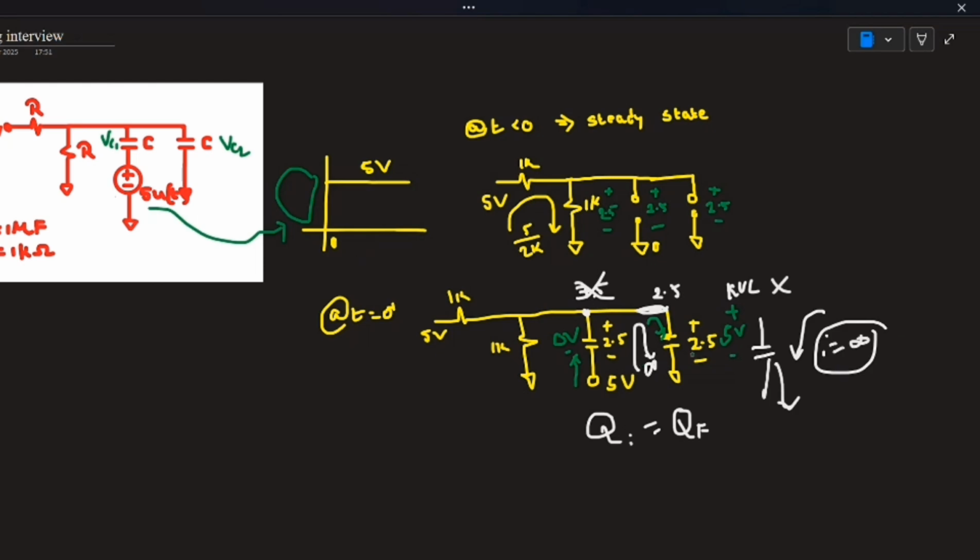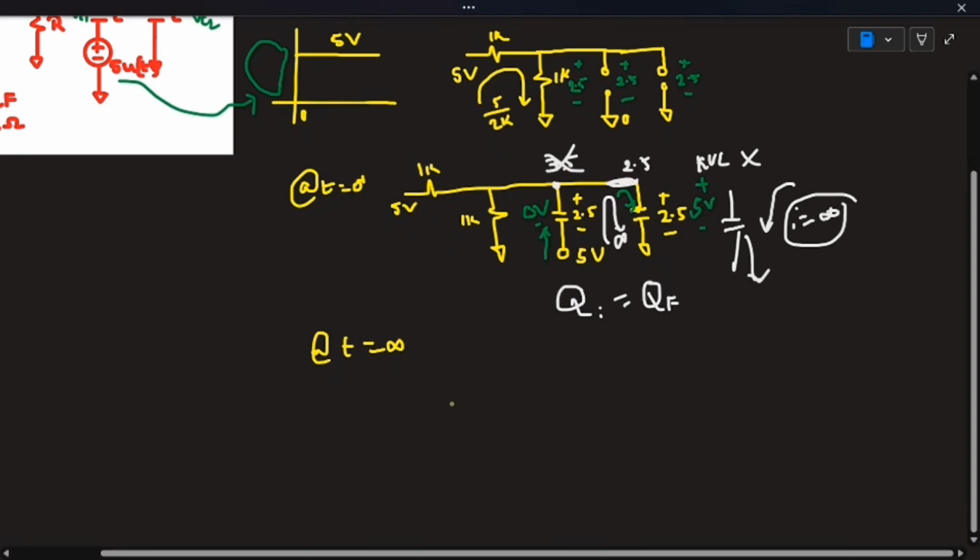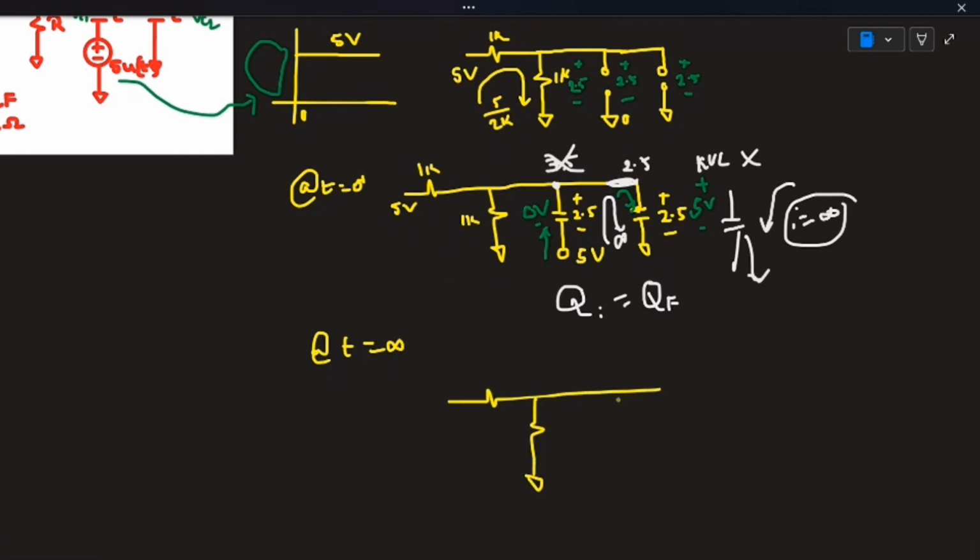Okay, now after that the capacitor will need to go to steady state. Let's see what the circuit will be at time t equal to infinite. Let me draw the circuit first. It will be open circuited and 5 volt will be here, and we have another open circuit here.